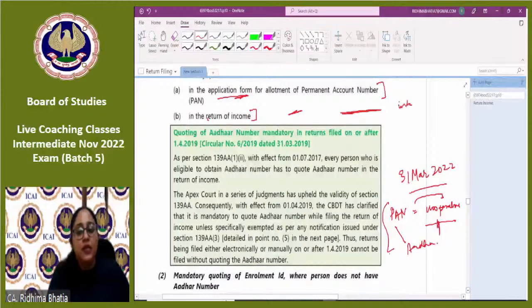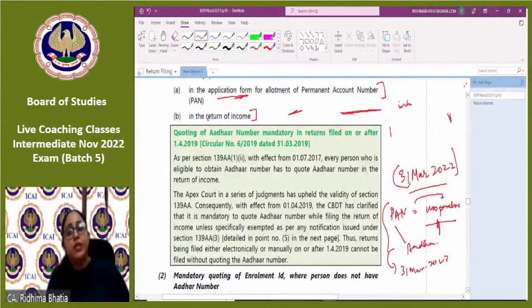If this is covered in your RTP, the government has extended the time limit to 31st March 2023. But 31st March 2022 is the final time limit applicable to you. The government has made the inoperative time limit 31st March 2023, but between 31st March 2022 and 31st March 2023, if you link your PAN, you have to pay fees.